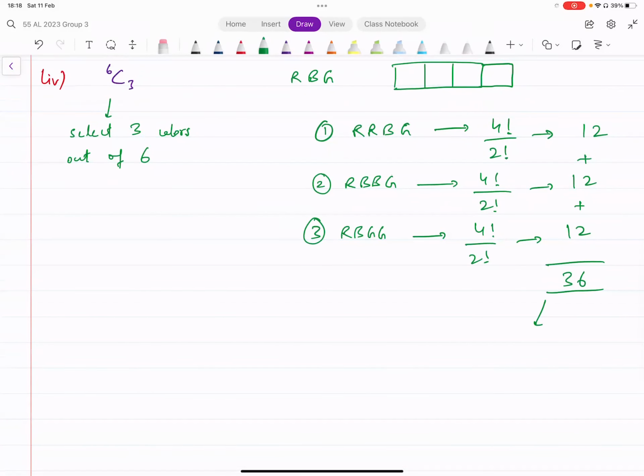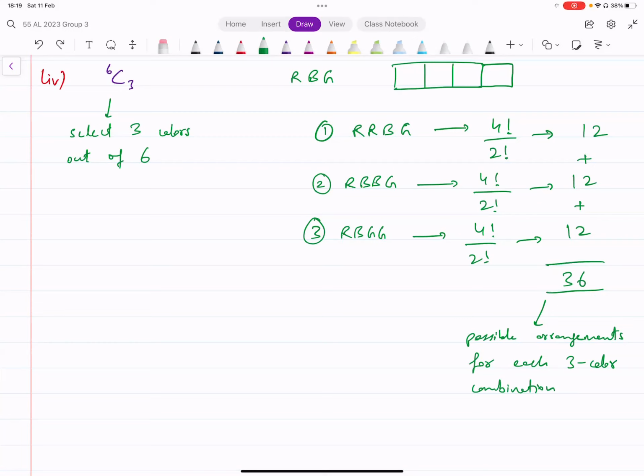So it's 36 possible arrangements for each 3 color combination. Right? This is the possible arrangements for each 3 color combination.